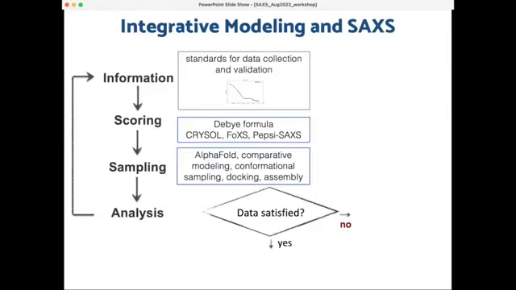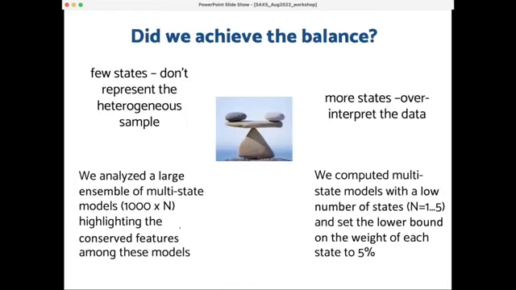Okay. Yeah, if I could just add one more thing. It seems that there's going to be some manifold of possible models that fit the data equally well. Exactly. And then you have to decide some additional criteria on top of that as to which ensembles are more likely than others. No, I think whatever fits the data equally well, this is what represents the heterogeneity, because we know that those are flexible systems and they obviously sample lots of states.